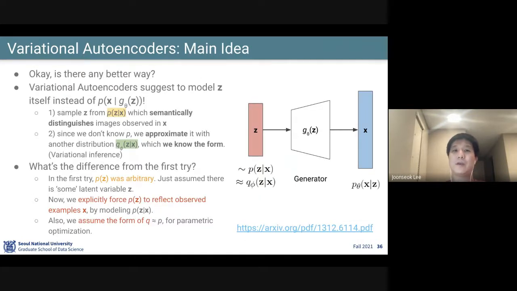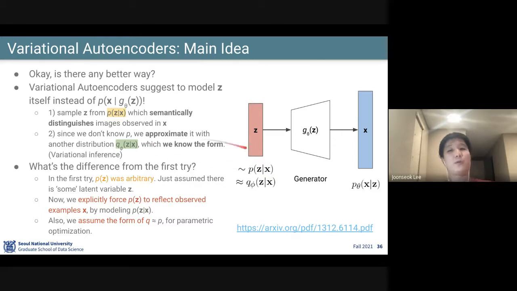So this is the main idea of the variational autoencoder, which is actually not very different from the previous idea, but we're going to give some additional conditions to preserve the semantics. So here's the thing. Instead of letting Z be anything without any restrictions, which failed, we sample Z from P(Z given X), which semantically distinguishes the images observed in X. Now we give the condition that this has to follow the distribution of Z given X, the images in the data set.